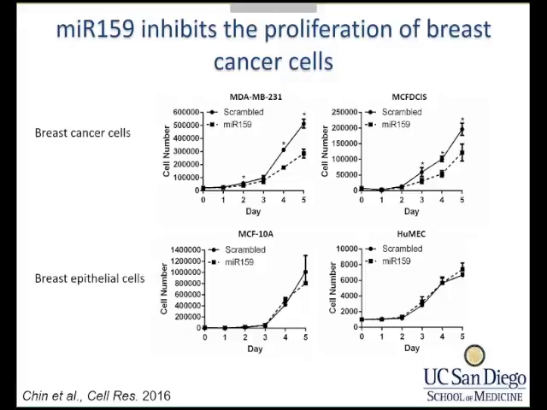By doing this, we were able to show that miR-159 can suppress cell proliferation in the 2 breast cancer cell lines we have tested, MDA-MB231 and the MCF-DCIS cells.